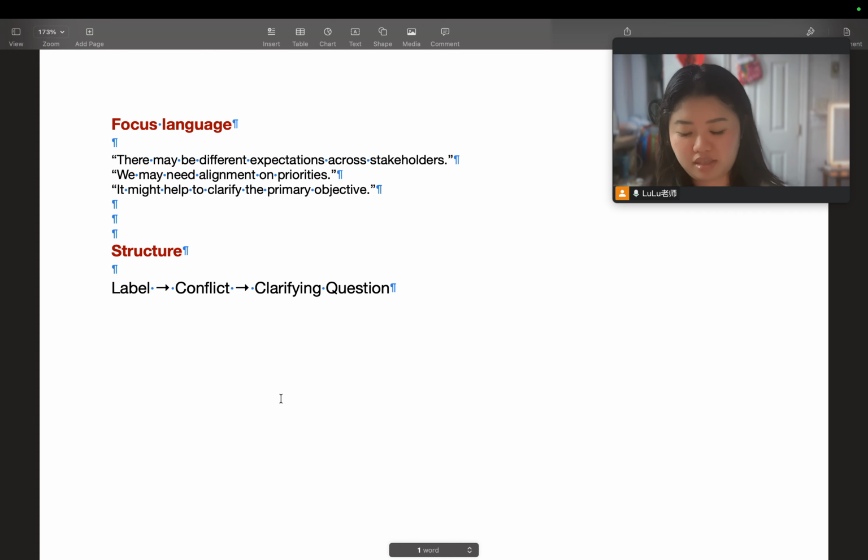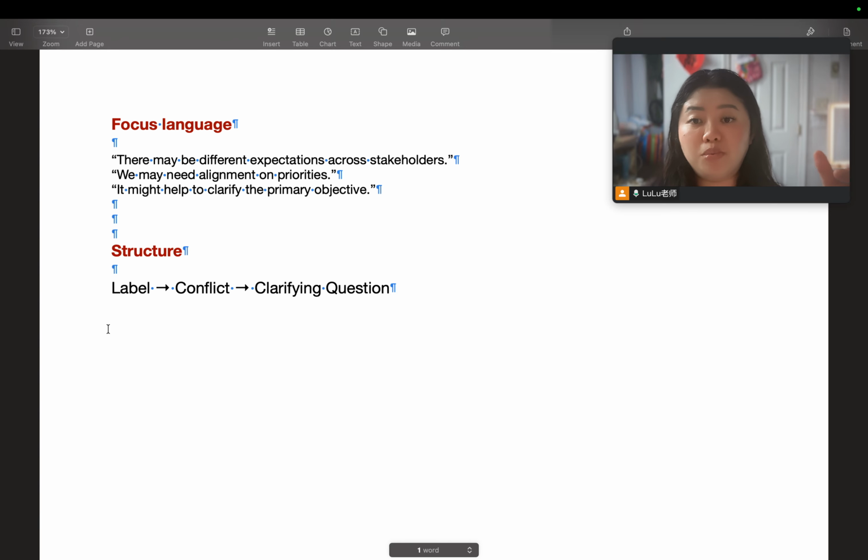Good. Excellent. Now, let's look at the structure for today. Label, conflict, clarifying question. So, there may be different expectations across stakeholders. That's only natural. The product team, for example, is prioritizing speed, and the client is focused on quality.